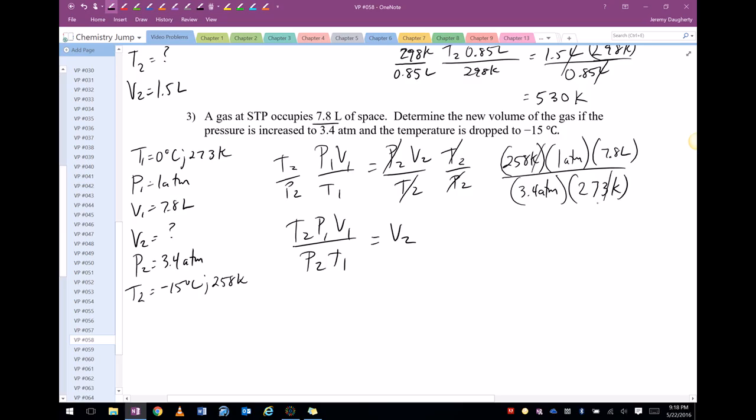Kelvin cancels out, atmospheres cancel out. I'm left with volume, which is what I'm looking for. So, plug and chug: 258 times 1 times 7.8 divided by 3.4 times 273. I get a value of 2.168. Again, I'm looking at 2 sig figs here, so 2.2 liters. There you go, a couple of combined gas law problems.